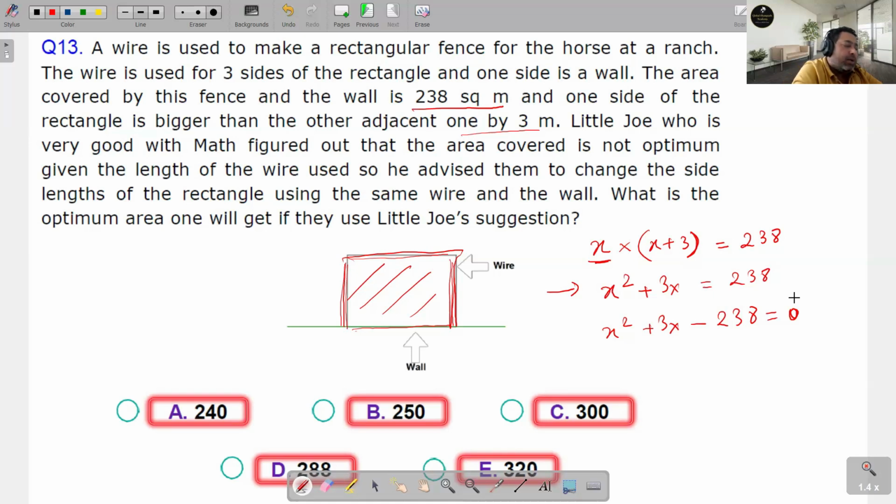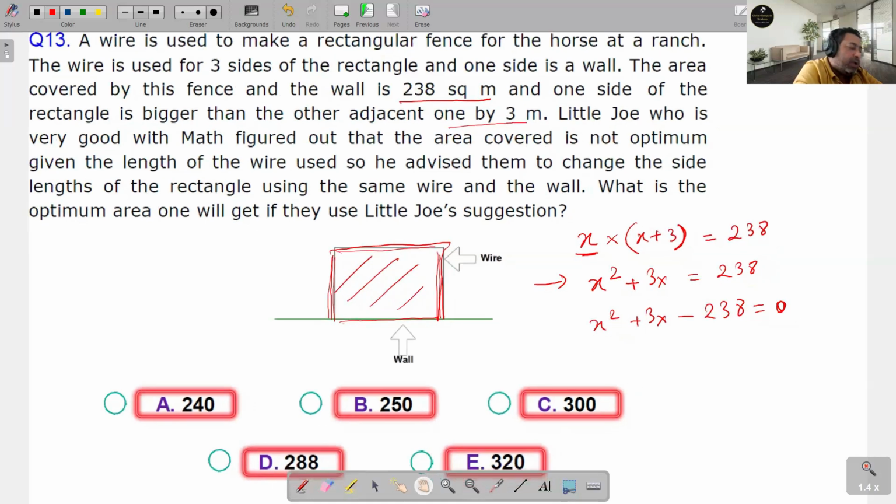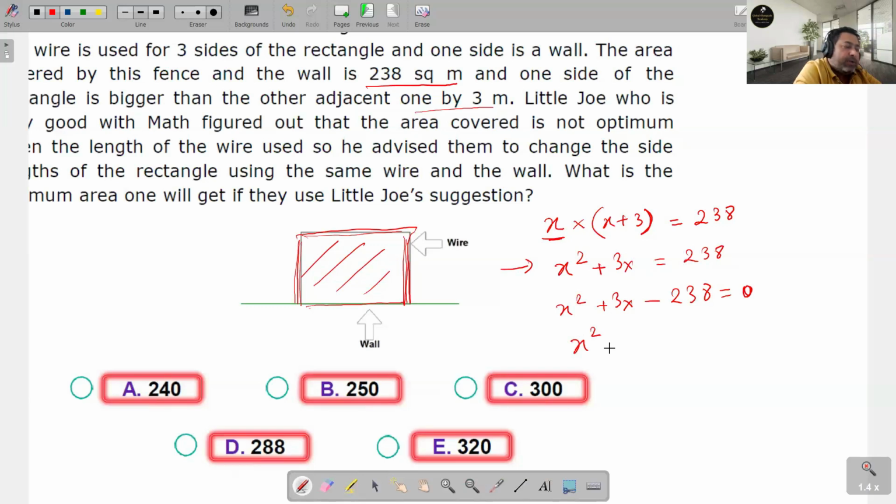All right. Now here we'll get x square plus 17x minus 14x minus 238 equal to 0.